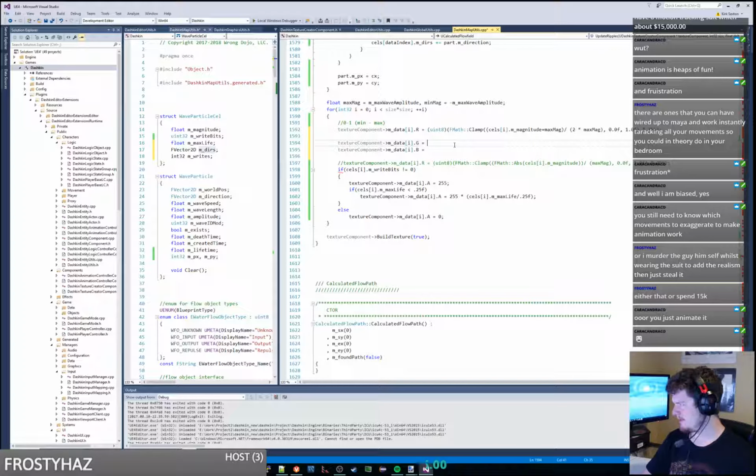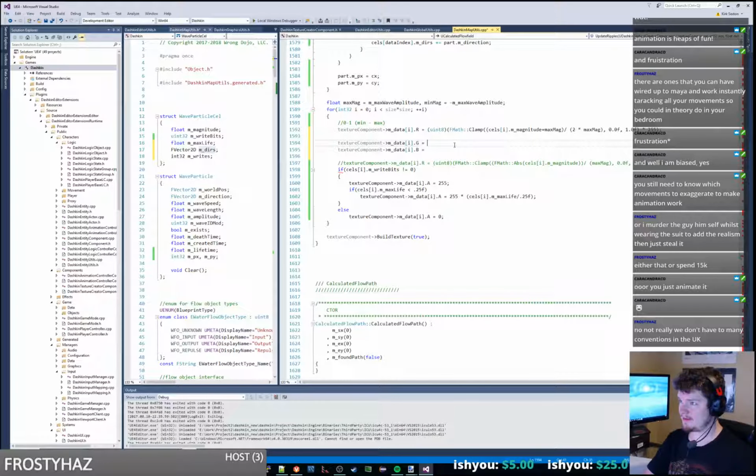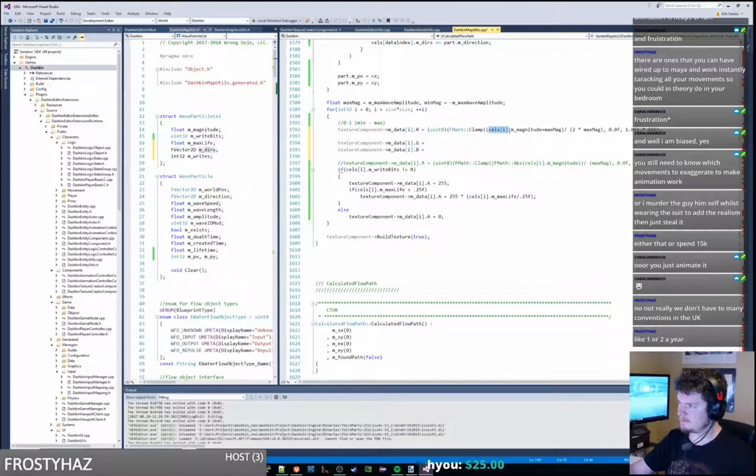Alright, so if we have our direction, we're going to need to make this positive and negative, because we don't have much else in here. So it has to go from 0 to 1. We're going to have to clamp it somehow. If we divide by the number of writes, we should get the direction. Theoretically, the directions are already normalized, so we should just be able to snag it.